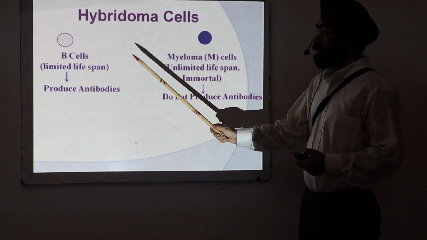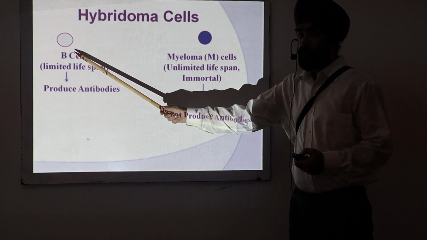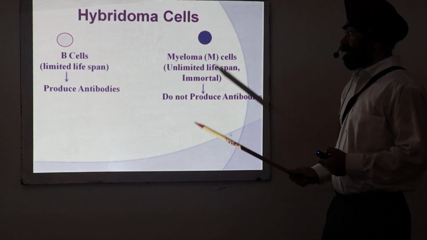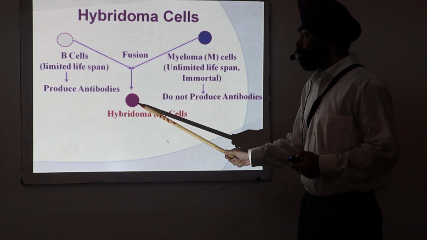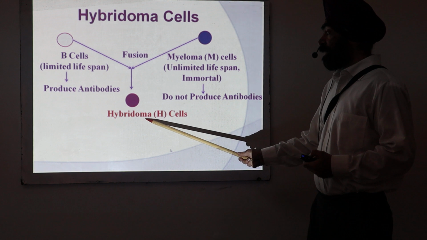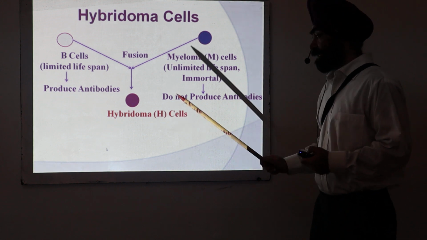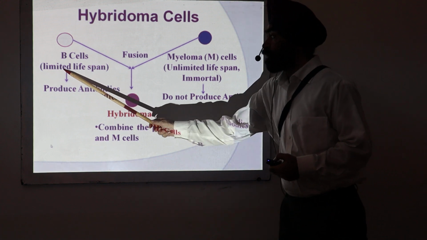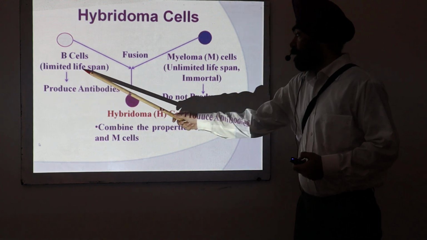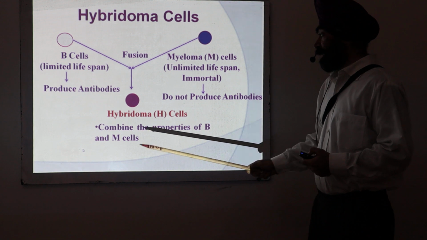Now scientists have used the usefulness of the B cell and the M cell, by fusing these two cells and getting a mixture cell called the hybridoma cell. In short, we can say it is the H cell. It combines the properties of B cells and M cells.